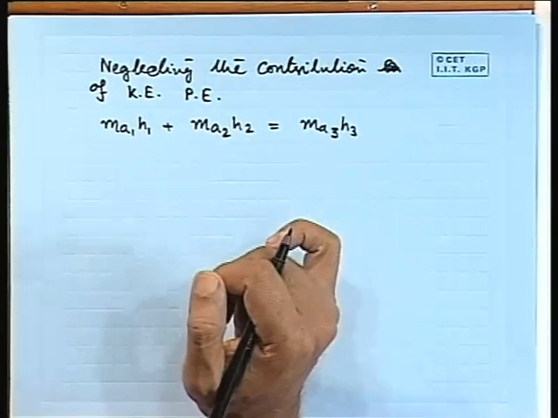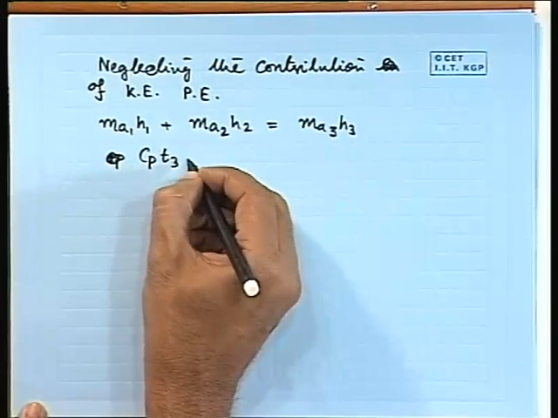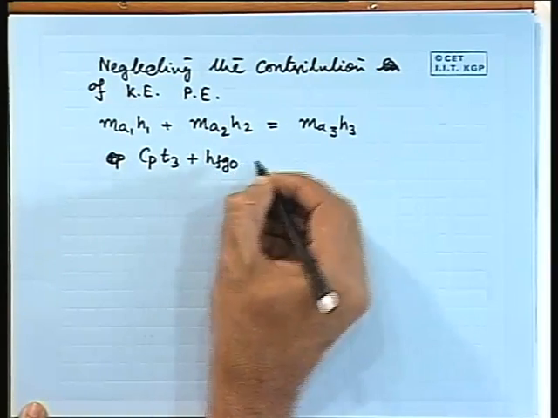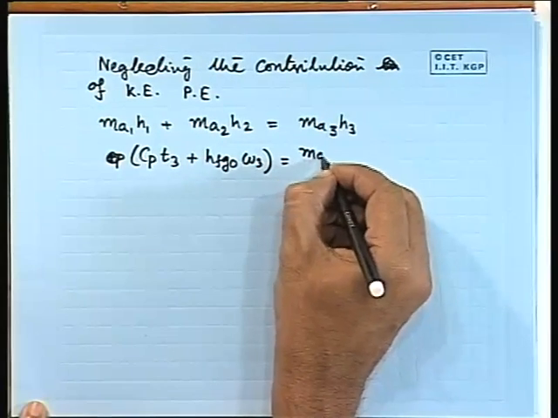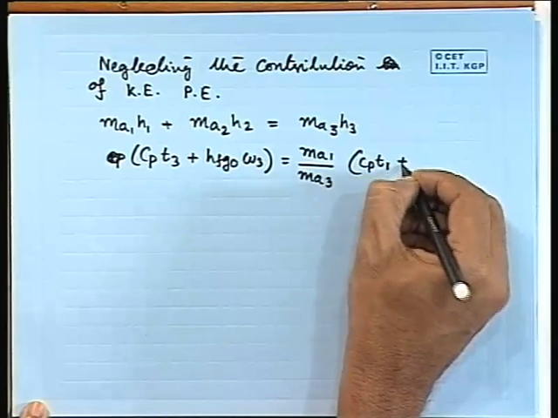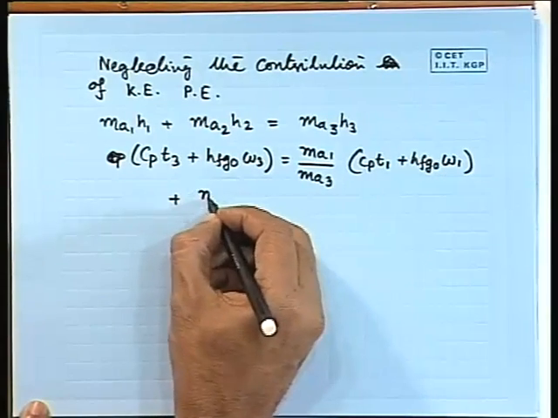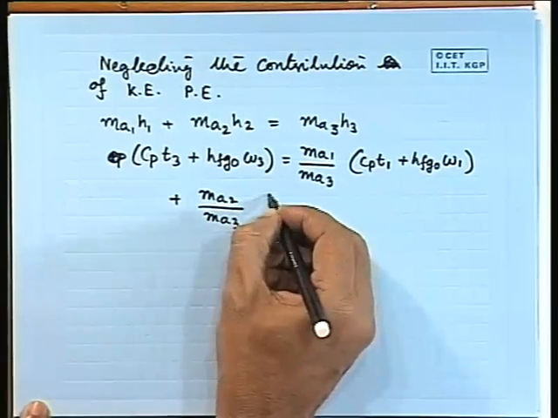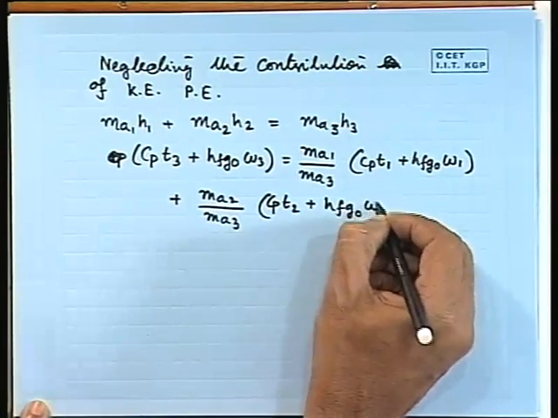We can write it like this: Cp T3 plus hfg0 W3 is equal to mA1 by mA3 times (Cp T1 plus hfg0 W1) plus mA2 by mA3 times (Cp T2 plus hfg0 W2).